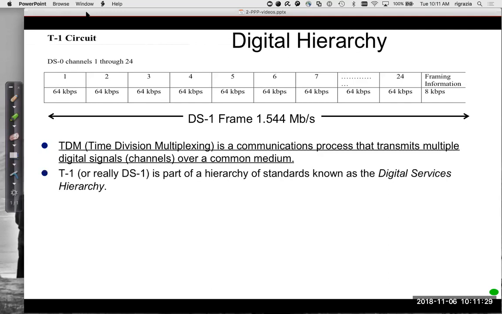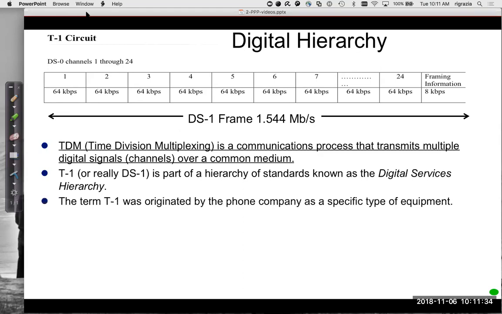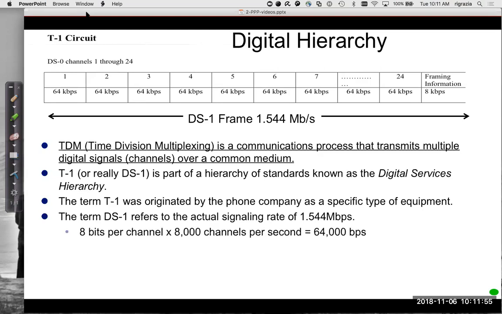This is known as a digital services hierarchy. The term T1 was actually originated by the phone company for a specific type of equipment. But DS1, or these DS0 channels, this would be a DS1 circuit, has 1.544 megabits per second. So the way we get that is it's 8 bits per channel at 8,000 channels per second, which gives us 64,000 bits per second per channel.